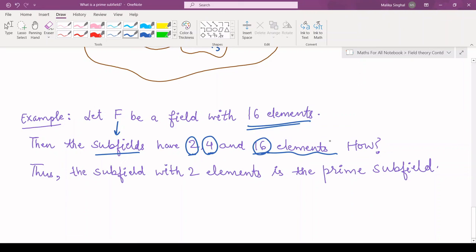That we shall see in the upcoming videos. As for now, what would be the prime subfield of this field F? It would be the smallest subfield. So in this case, the subfield would be the one with two elements in it. That would be called the prime subfield.